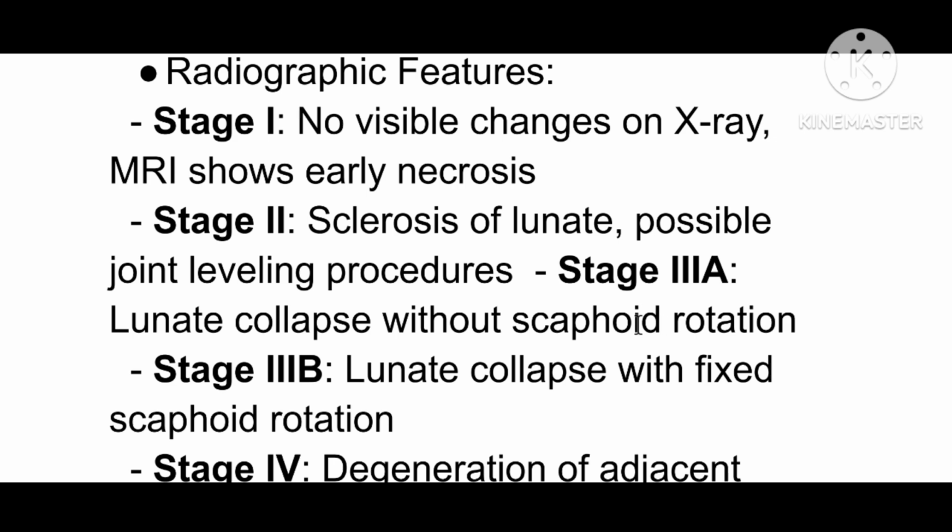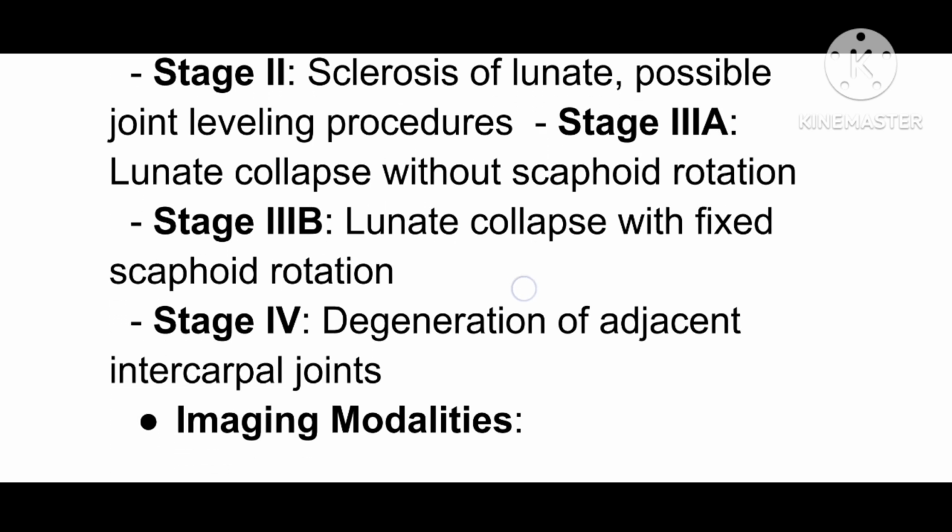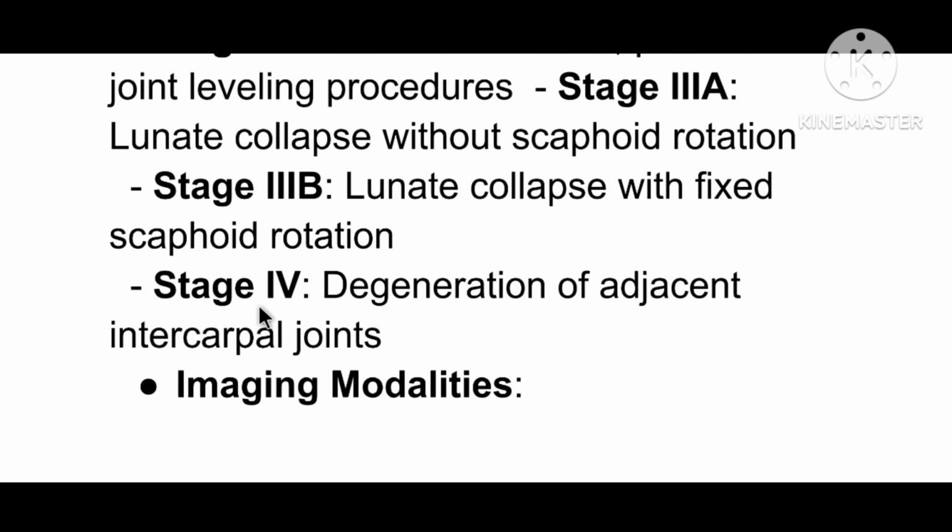In stage 3A, there is lunate collapse without scaphoid rotation. In stage 3B, lunate collapse with fixed scaphoid rotation. In stage 4, there is degeneration of adjacent intercarpal joints.